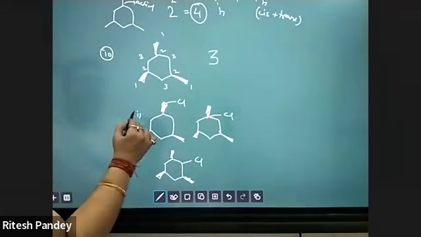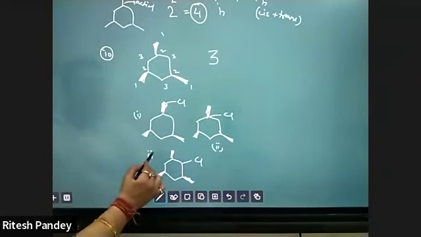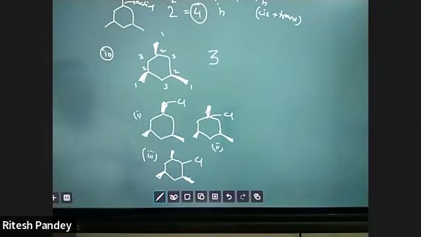So I think I'm able to write the 3 structural isomers right away. But you know, how about the number of stereoisomers? 12 will it be? No. You're kind of over-speculating.